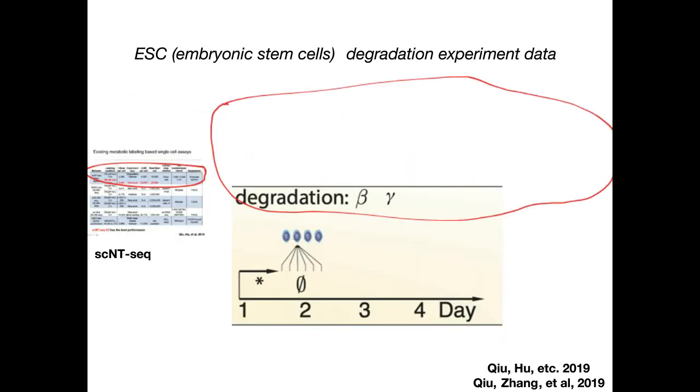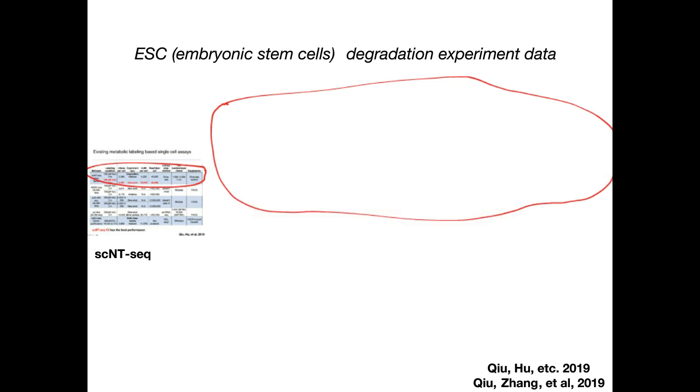All right, let's also talk about how we can use the degradation data from the scEU-seq paper to estimate the parameter gamma.